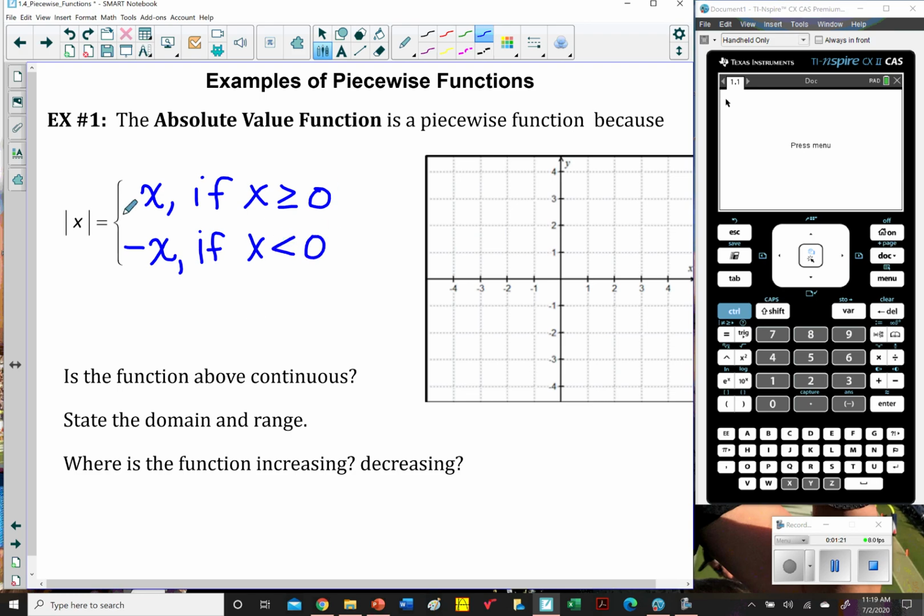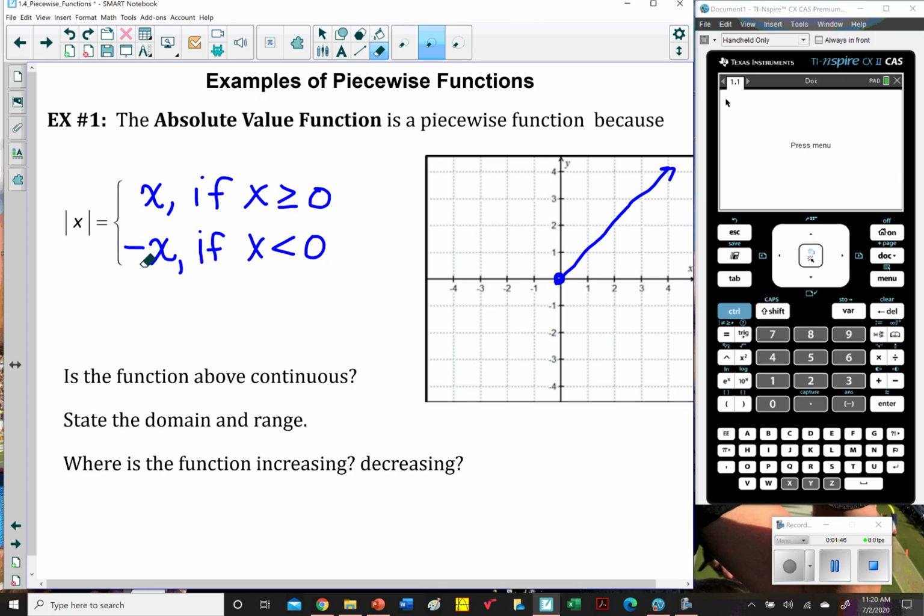Okay, so if I graphed the first equation, y equals x, we know that's a straight line that goes through the origin, and every y and x are the same value. But we don't draw this piece of the graph because they've stopped us at 0. We start at 0 and go to the right for only positive values.